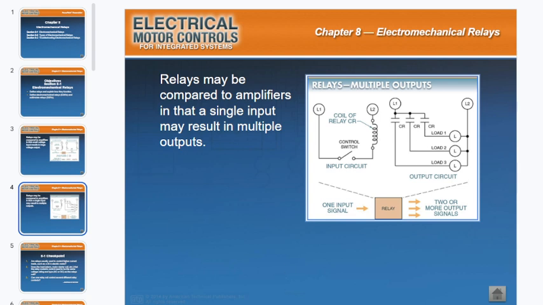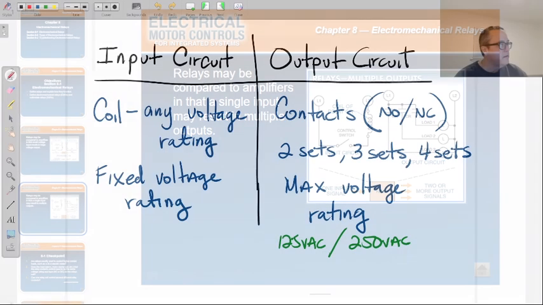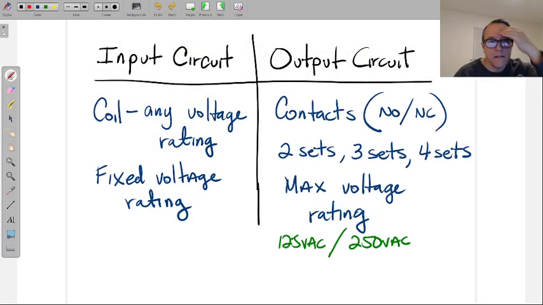All right, what this gives us an advantage of is that you can have one single input somewhere. It can be a switch, like the one in this diagram, but it could also be a sensor, right? It can be a timer. It could be anything.